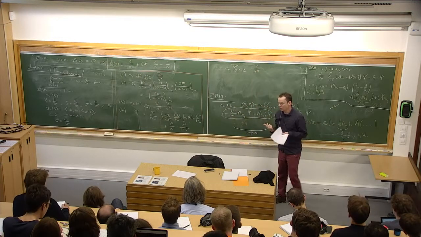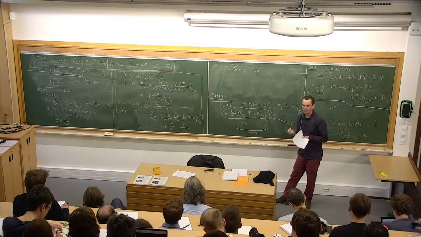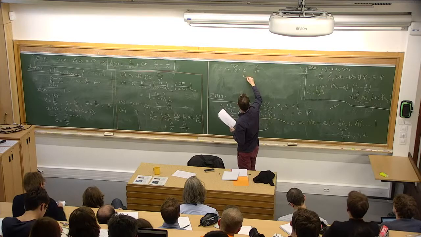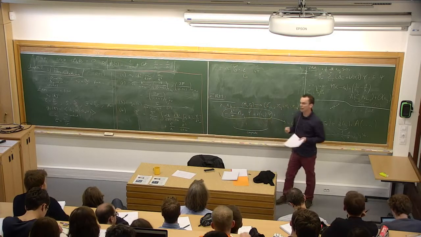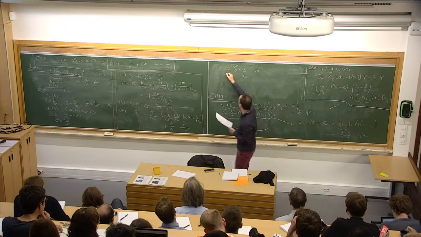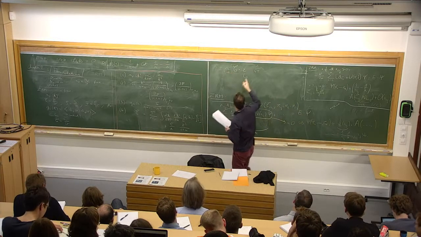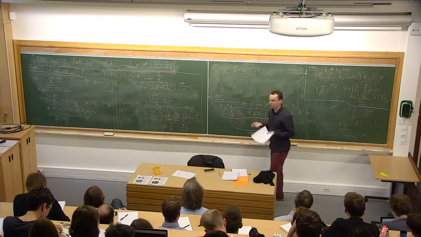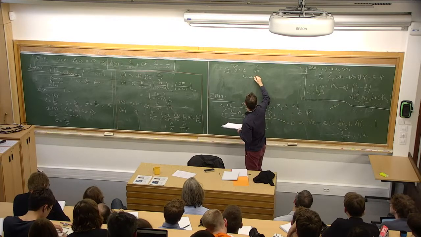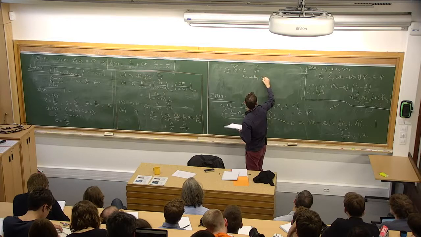So you see that the contact controls the probability to have two particles close to each other. Moreover, note that this epsilon here is actually anomalously large. Of course it's small because epsilon is small, but it's much larger than what you would usually have, because usually you would have epsilon cubed.